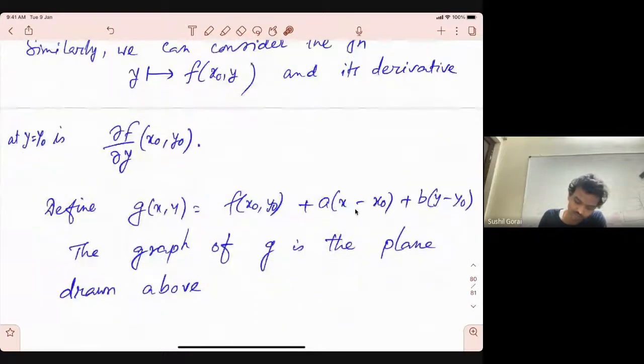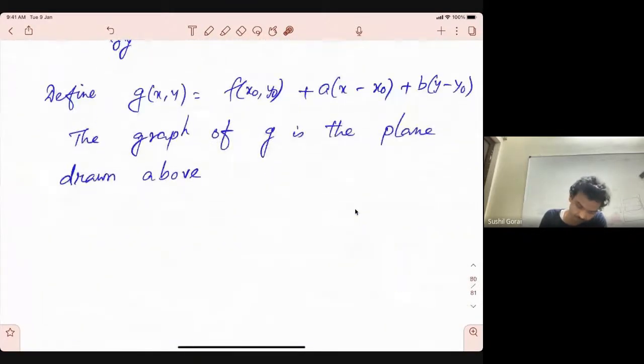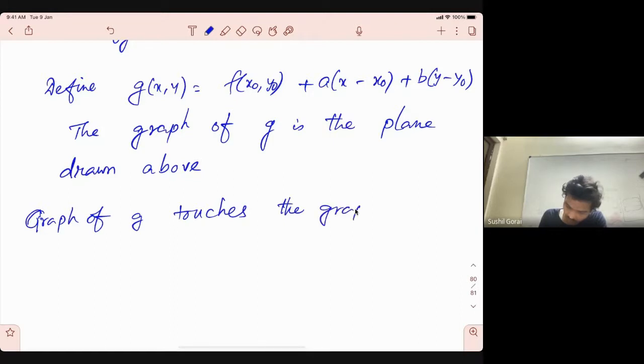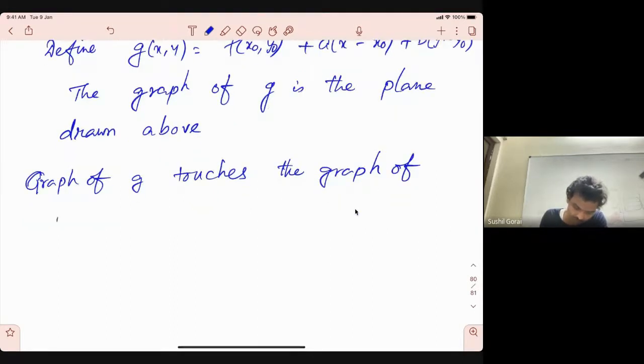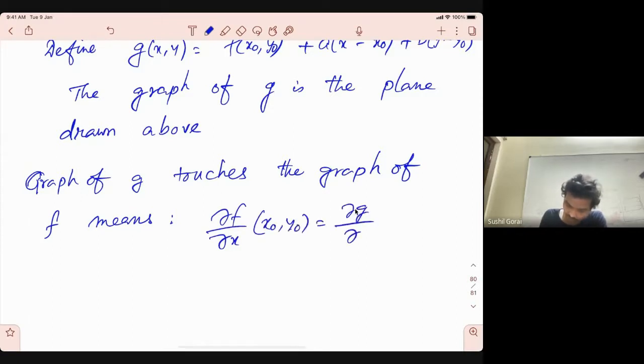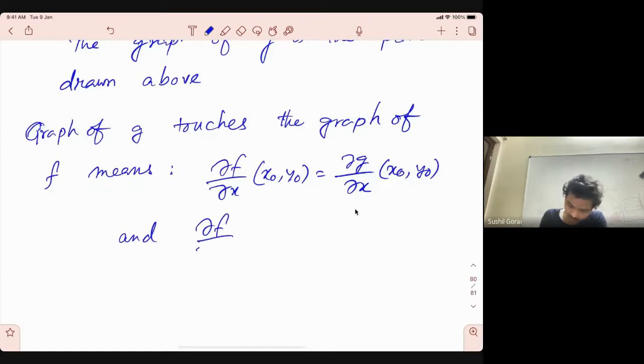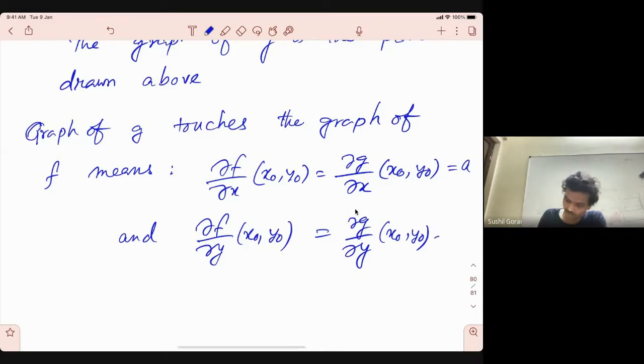This plane touches the surface would mean the graph of g touches the graph of f, which means that del f by del x at x naught y naught is equal to del g by del x at x naught y naught, and del f by del y at x naught y naught equals del g by del y at x naught y naught. And this was A and this was B.